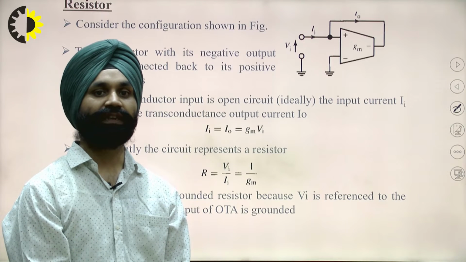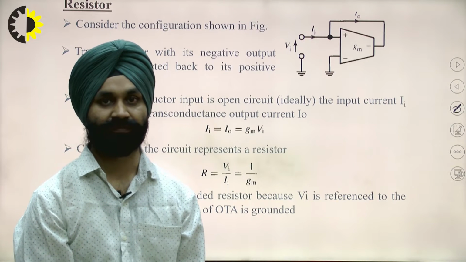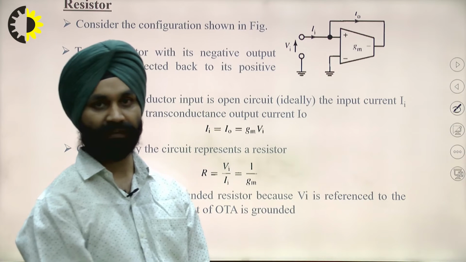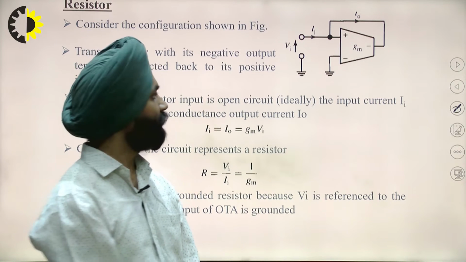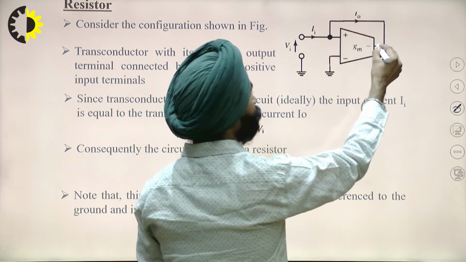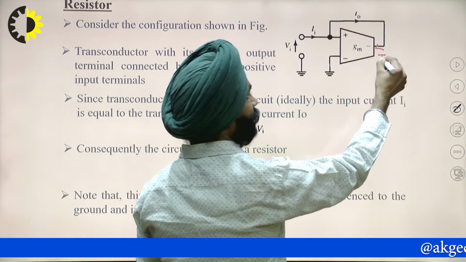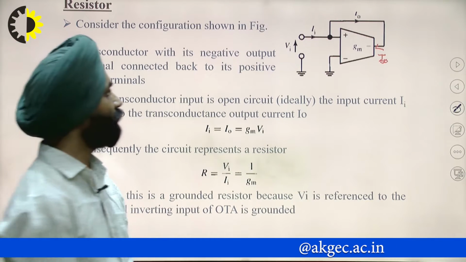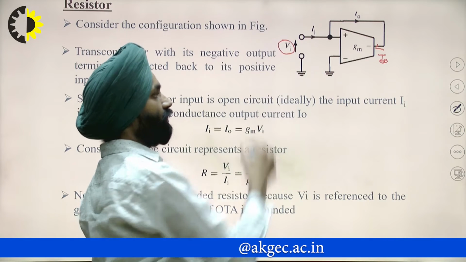Now, how can we create a resistor? Let's suppose we have a transconductance with a single terminal. That means it has output current I0 and output voltage, let's suppose, V0.